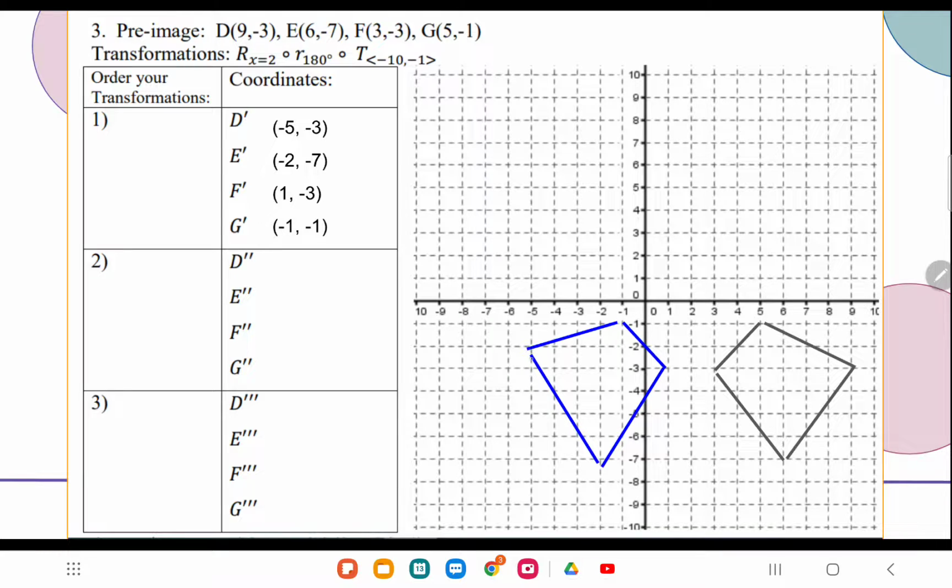And it is a little off. My apologies again. It's some bad graphing on my part. D should be right about here instead. So that will make a nice job. Okay, so that's where D ought to be at. Okay, moving on.